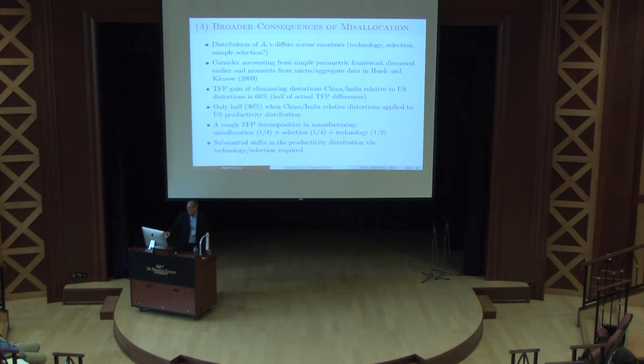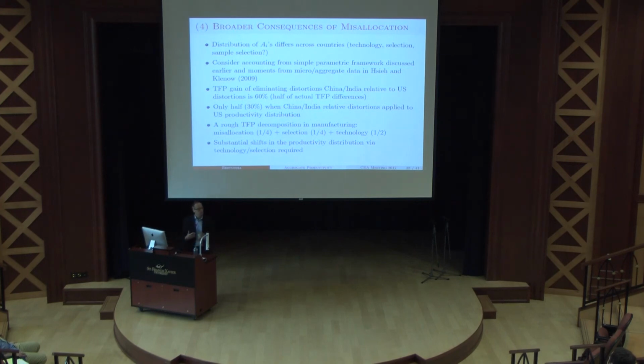When you look at the TFP gain that results from eliminating the distortions either in China or India relative to the United States, you get a productivity increase of 60% in those experiments.